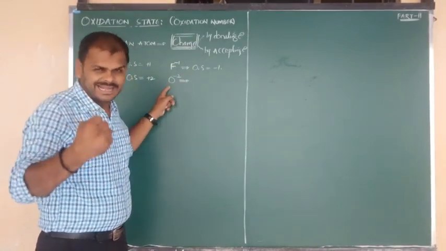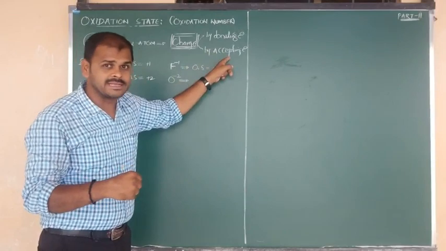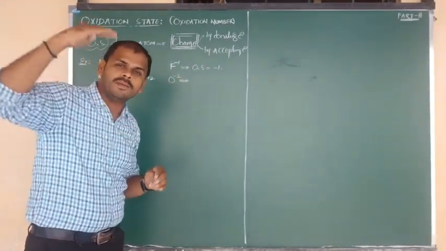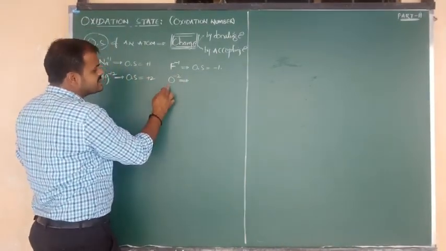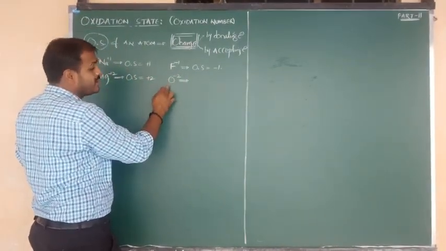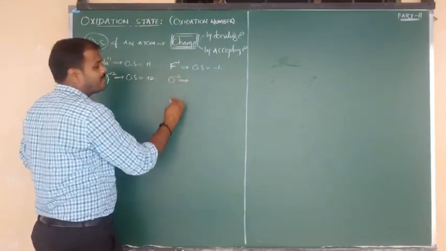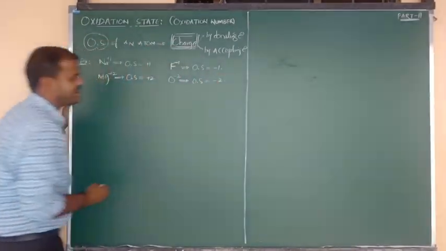So oxygen has the tendency of gaining electrons, and it can gain 2 electrons. By the gain of 2 electrons, it becomes a stable neon configuration. So the charge on the atom is -2, and we can say oxygen's oxidation state is equal to -2.